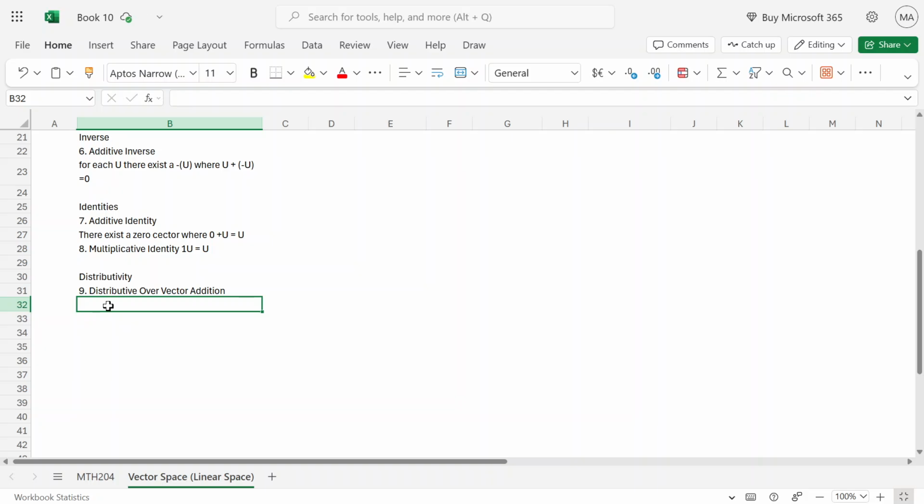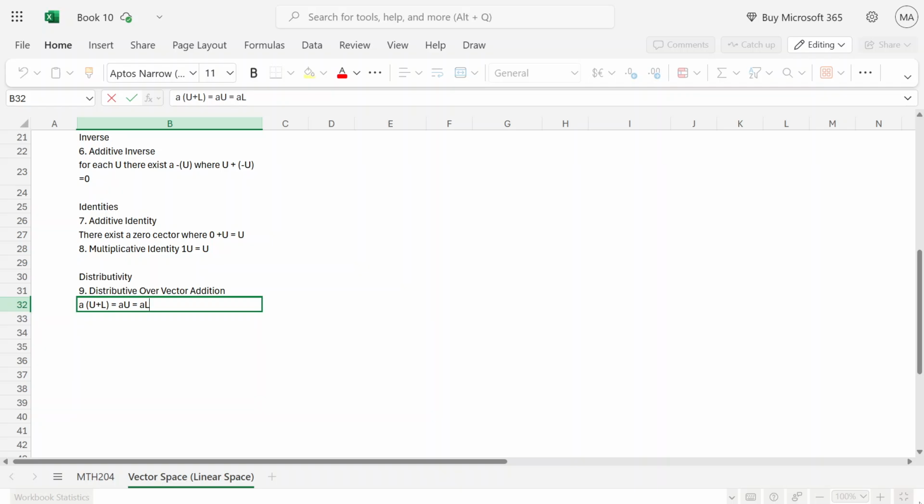What we are just saying is, when you multiply a scalar with the addition of two vectors, let's say u plus l. So when you multiply a scalar by the addition of two vectors, all you will get is a times u plus a times l. That's just distribution.